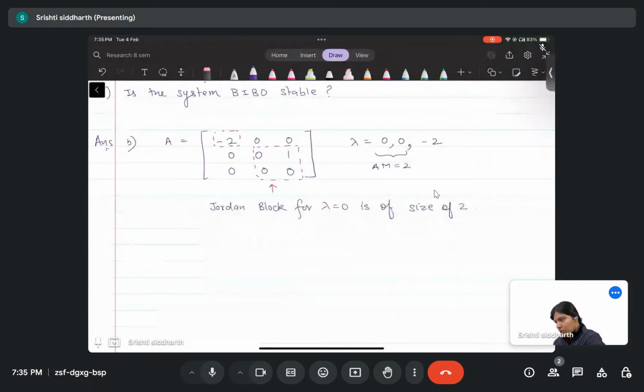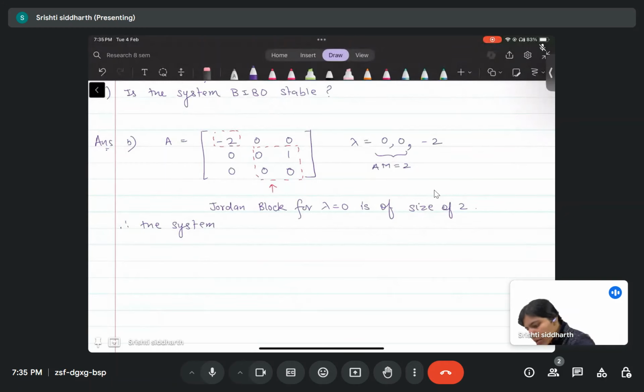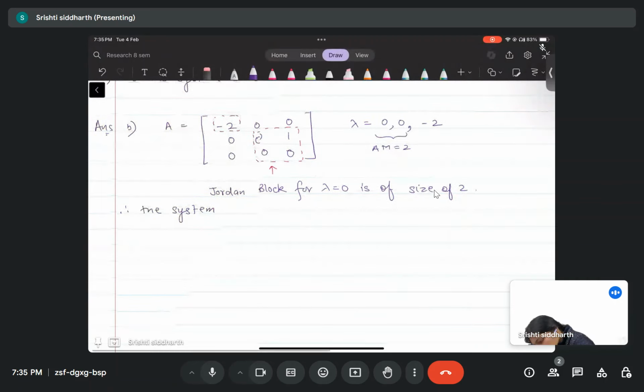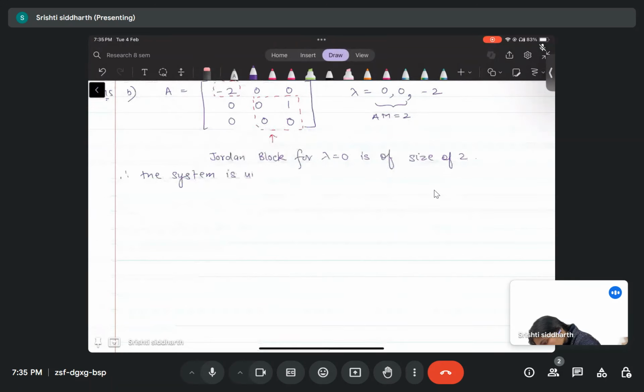Therefore, the system is unstable. If we had a Jordan block for lambda equals 0 as just a scalar, then the system would have been marginally stable. The system is unstable in this case in the sense of Lyapunov.